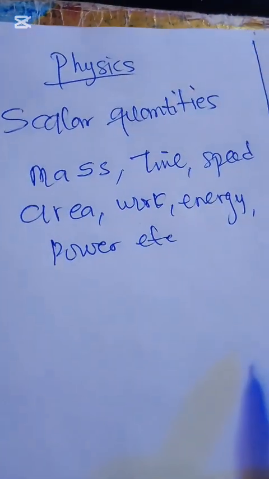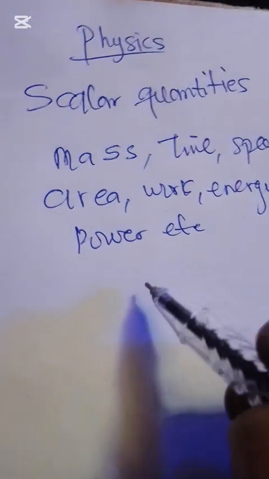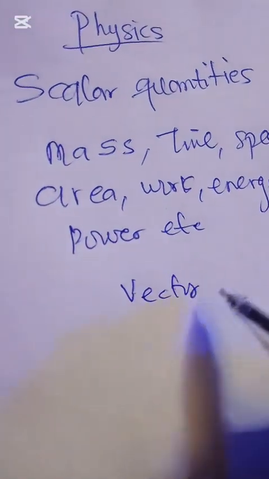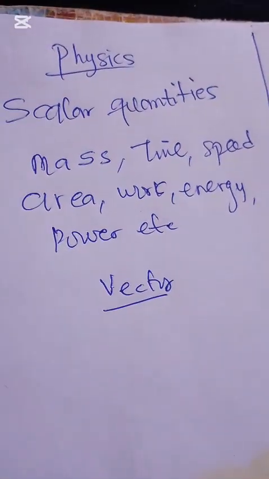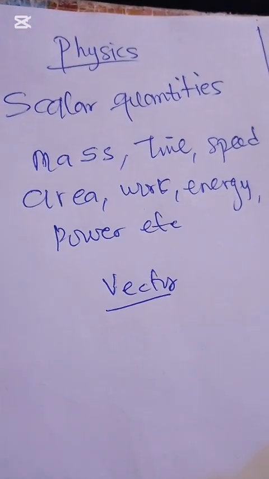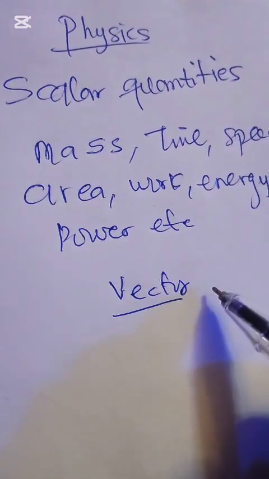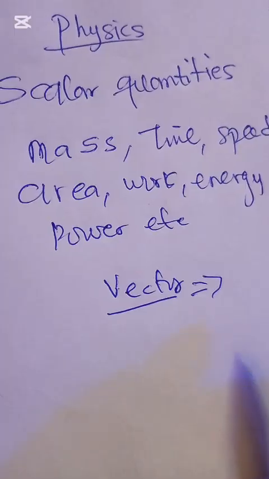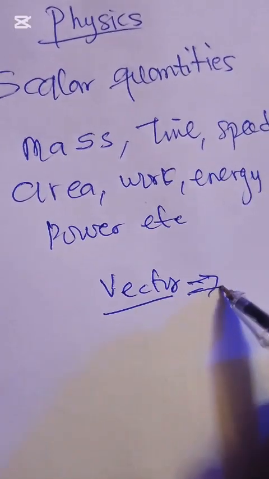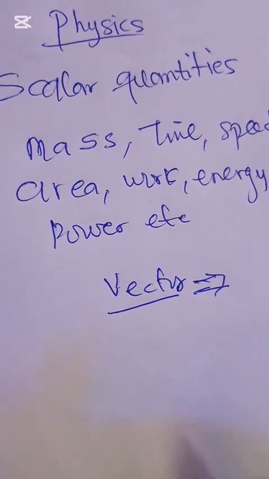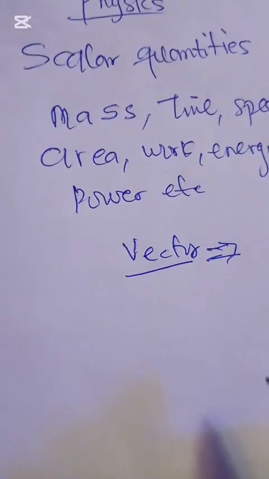Then the next type of quantity we have is vector quantities. What are vector quantities? Vector quantities are physical quantities that have magnitude as well as direction. These ones have size and also have direction.